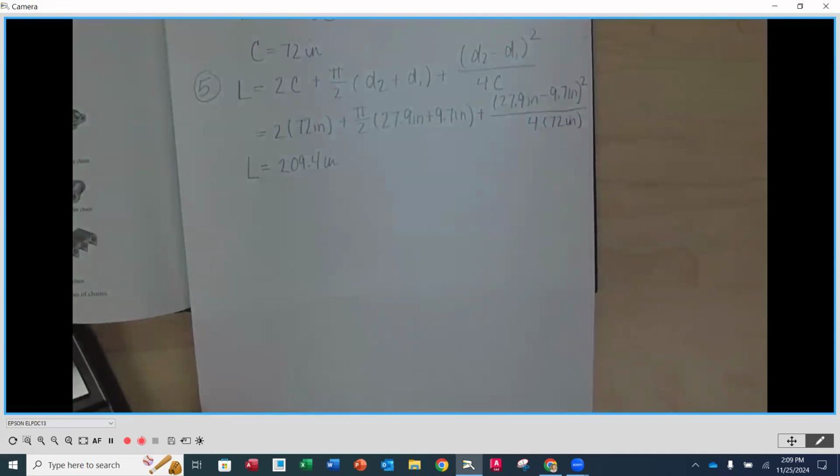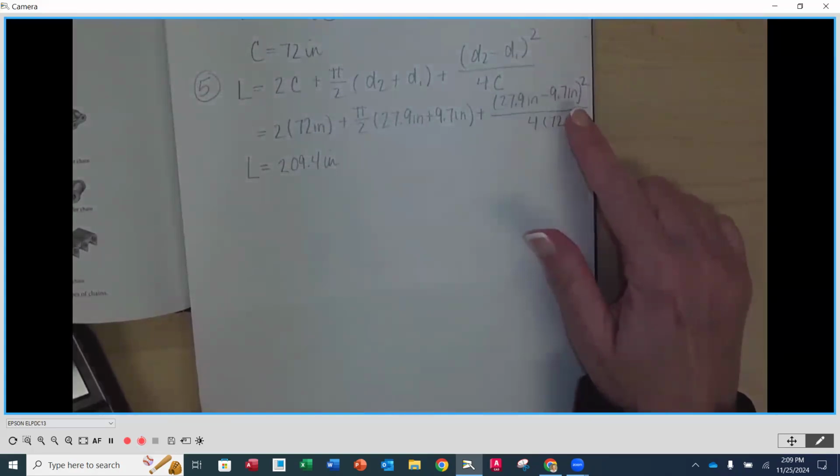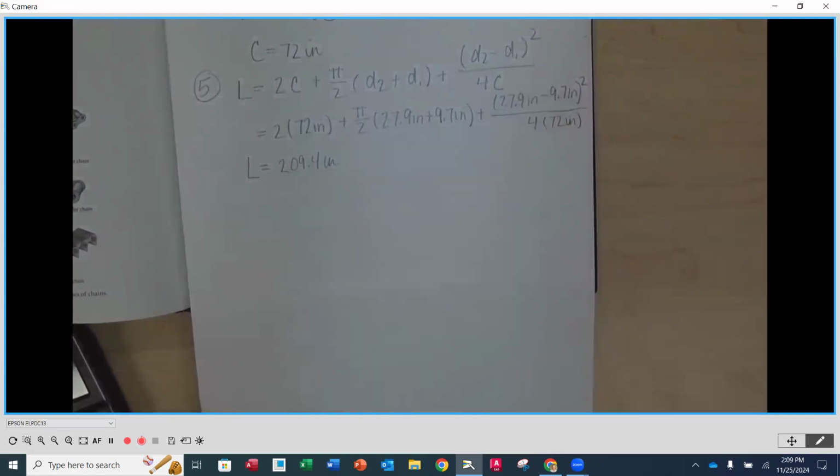Double check, because I'm pretty sure 209 is correct. 10.2, 210.2, yeah, a little bit of rounding, probably because of the pi. Okay. Make sure you square this value over here before you divide by 4 and 72. Okay, try it again.